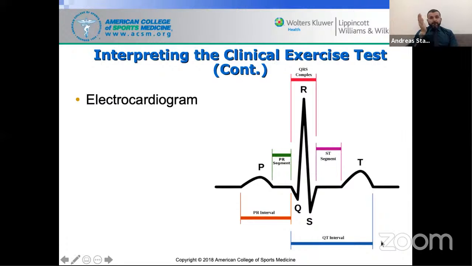Okay, so ECG. I threw in this picture so we can talk about it a little bit. PQRST, that's how it looks. And also you see those specific segments, right? You see the PR segment, the QRS complex, and the ST segment. If everything is as expected, there's a straight line that goes through the PR segment and the ST segment, right?